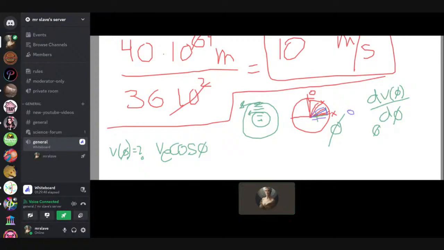Map. Is there latitude? There's no latitude lines. Let's ask for a latitude.